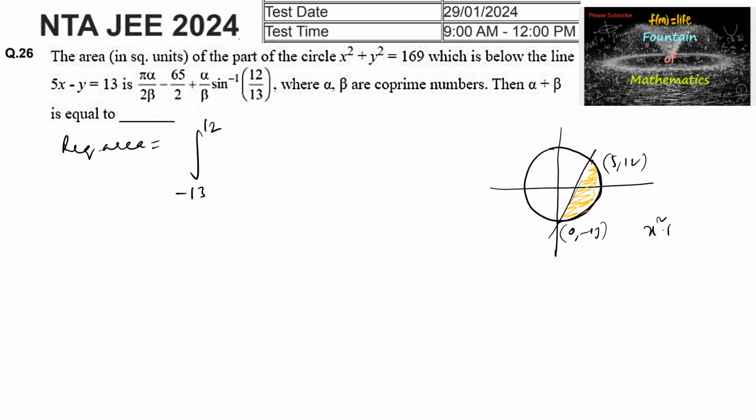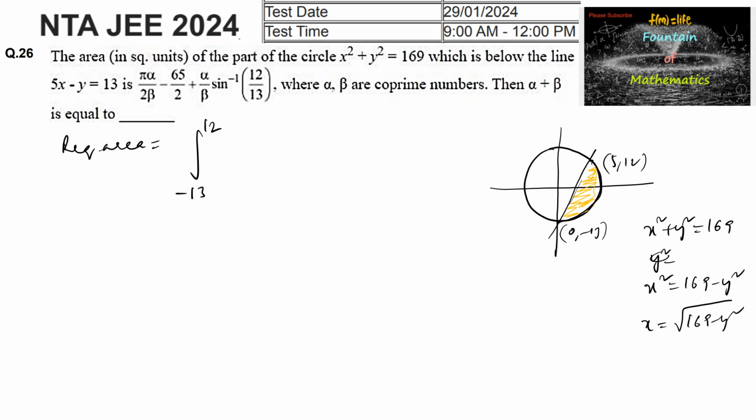So we can write x square plus y square is equal to 169, or x square is equal to 169 minus y square, or x is equal to under root of 169 minus y square.